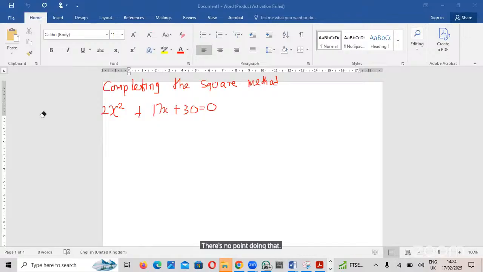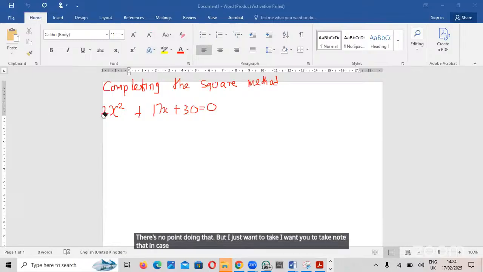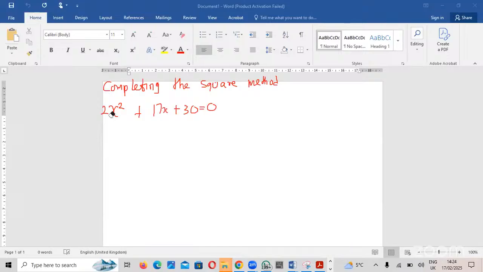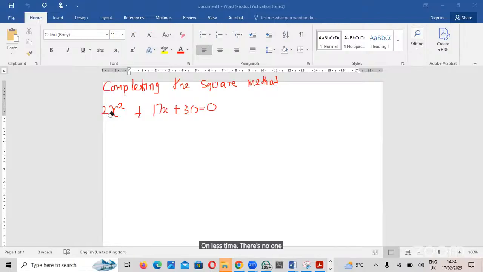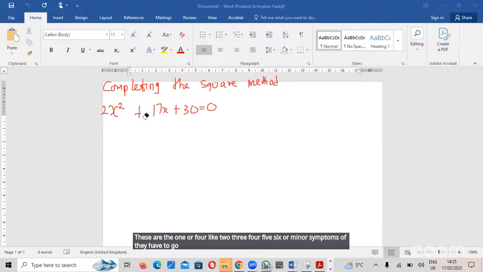But I want you to take note that in case the number in front of x squared is greater than 1 or less than 1, like 2, 3, 4, 5, 6, or minus something, you have to divide all through by that number, so as to make the coefficient of x squared to be 1.